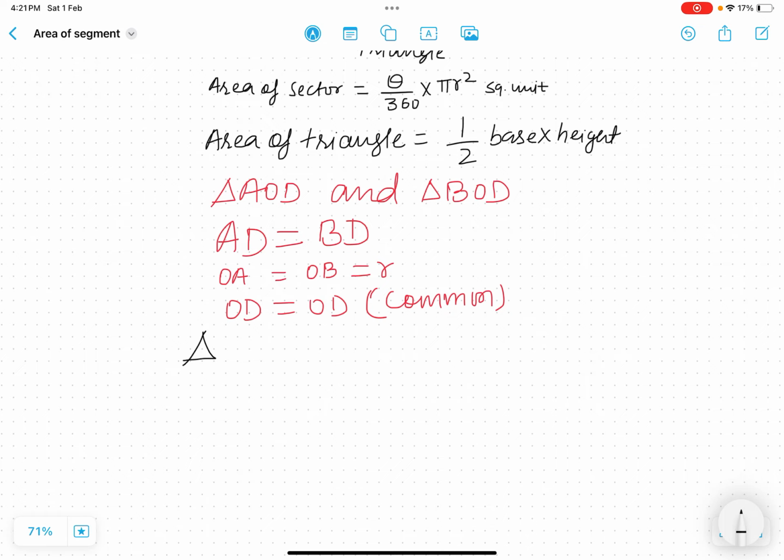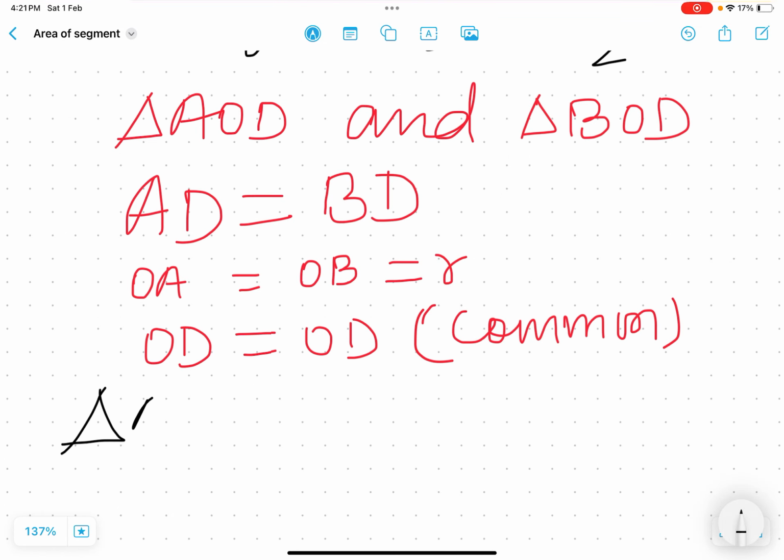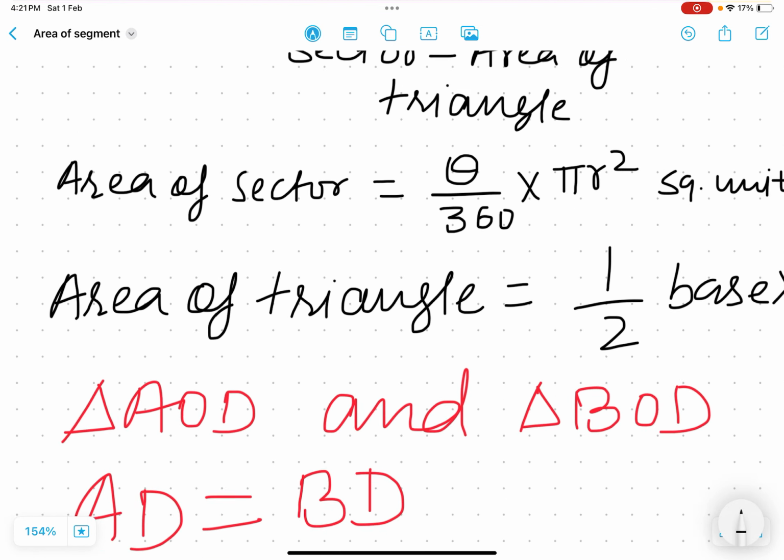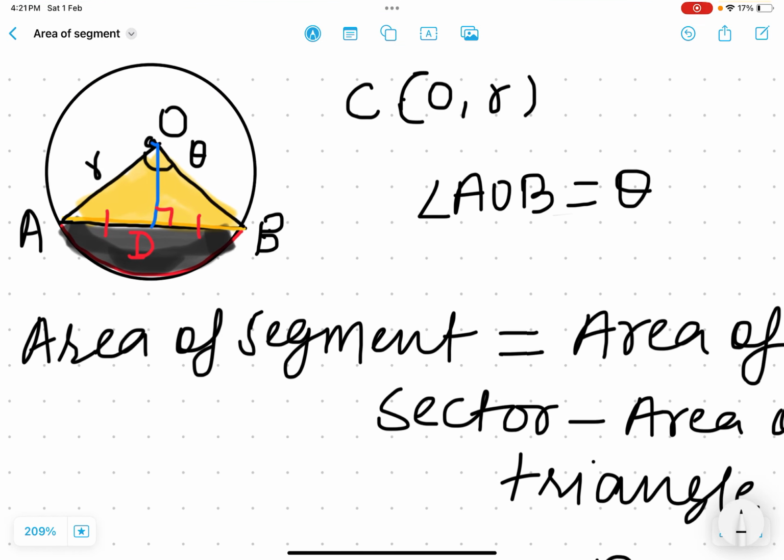Triangle AOD is congruent to triangle BOD. They are congruent, isn't it? So if they are congruent, their corresponding angles and corresponding sides will be equal.